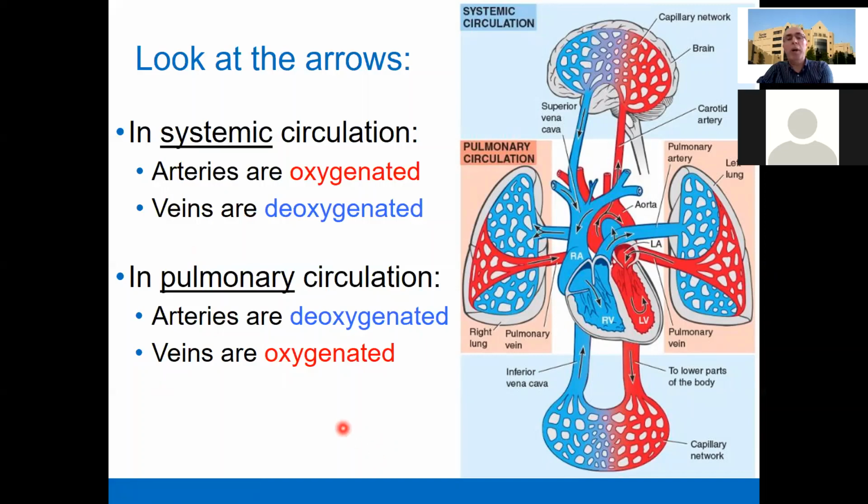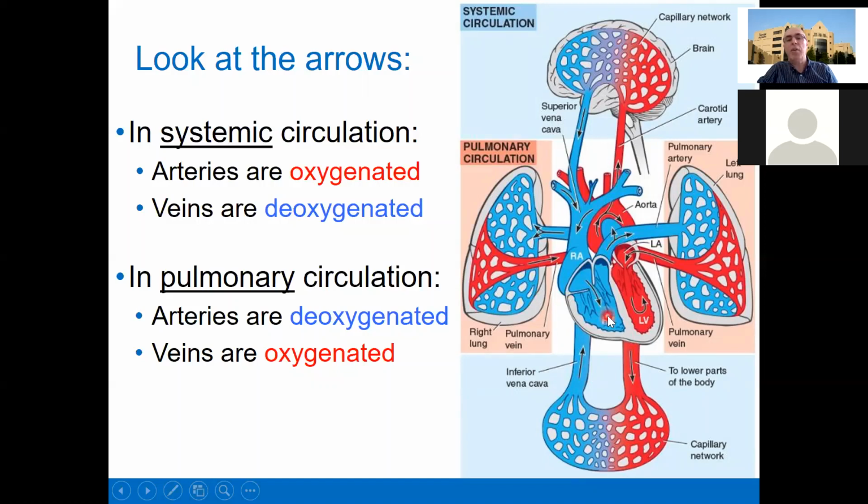Okay, how does the circulation go? As I said, once the deoxygenated blood comes to our right atrium, it enters into the right ventricle.